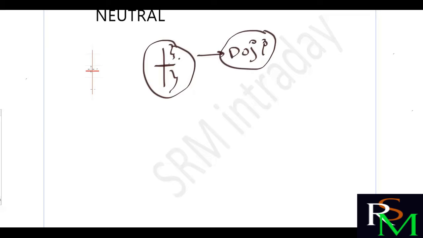Sometimes you can find it in red or green color, no problem, but it should be very thin, and the top side and bottom side wicks should be equal. In that case, I can take it as a perfect doji. And in future, we'll discuss the importance of the doji.